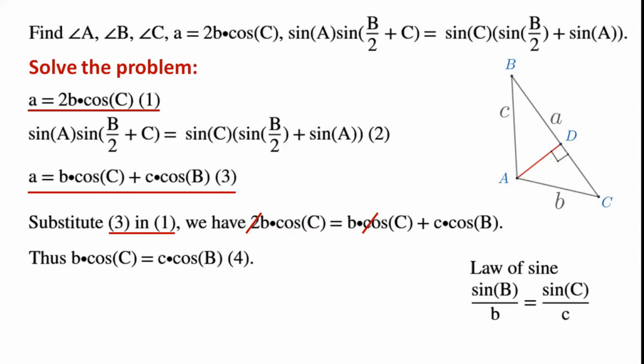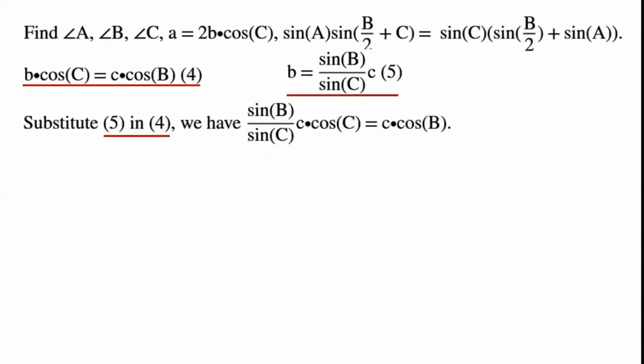By the sine law, we know that sin B / b = sin C / c. So b = (sin B / sin C) times c. Substitute 5 in 4.